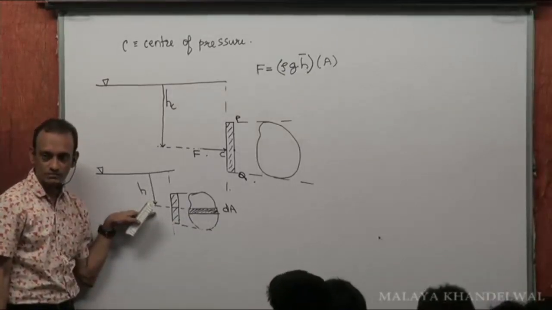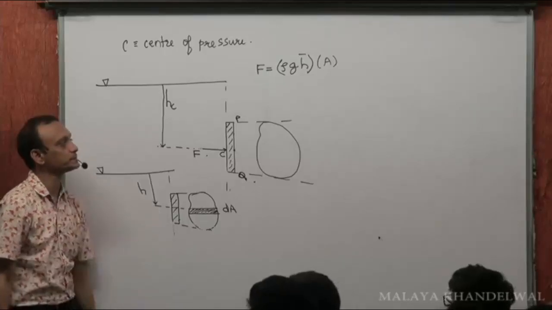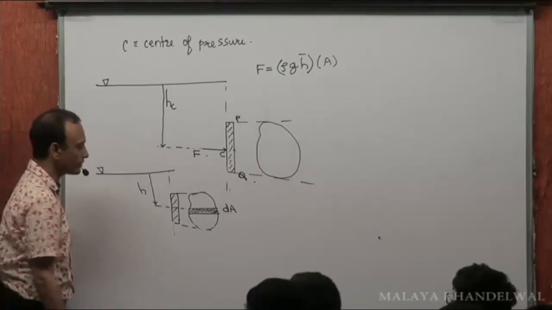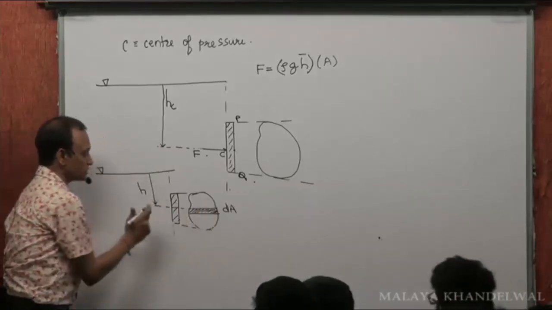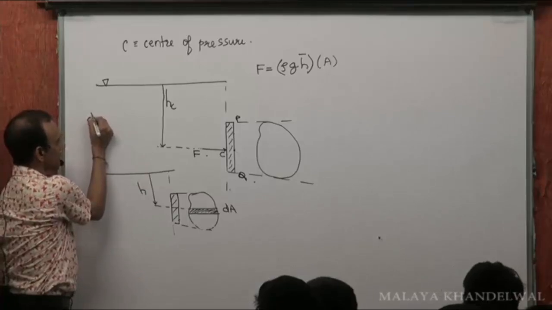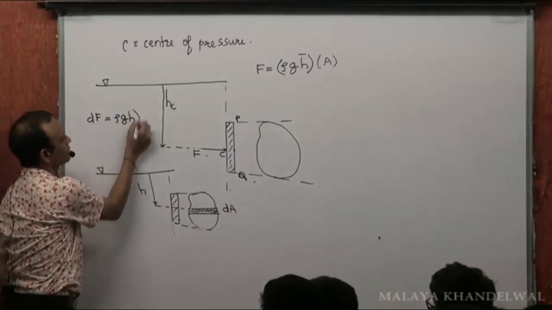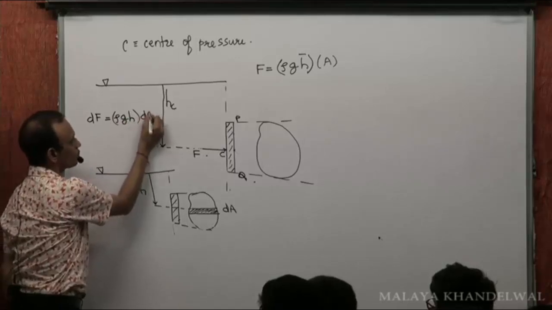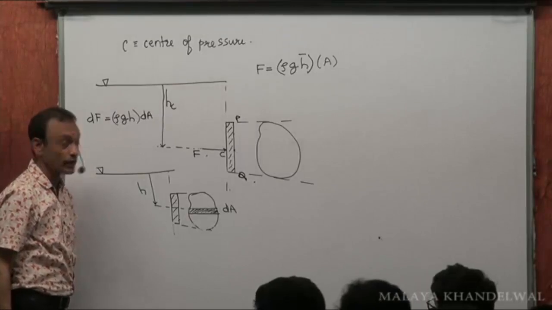Think about this. Area element dA, h units below the free surface. Then, what's the force acting on this? The force acting on this chosen element is going to be rho g h into dA, right?